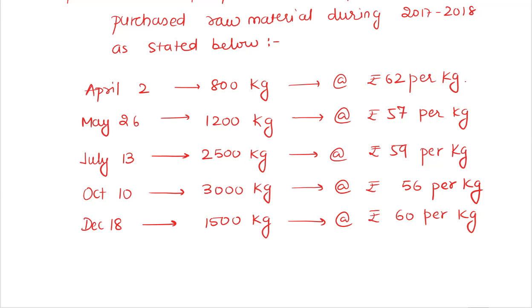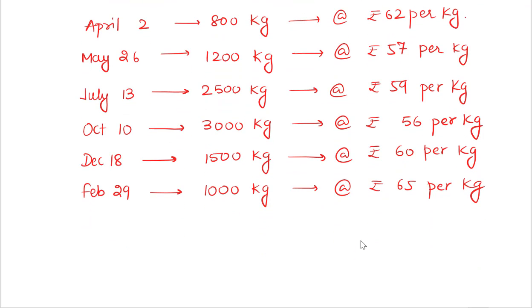February 29, 1000 kgs of raw material at the rate of 65 per kg.